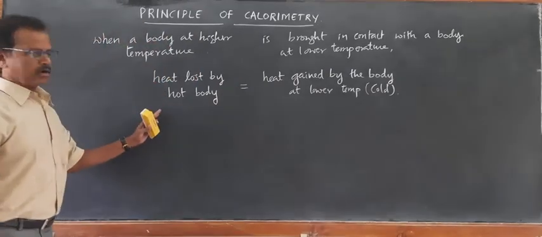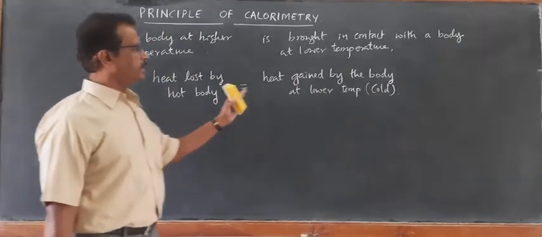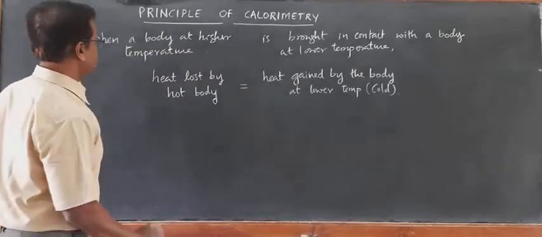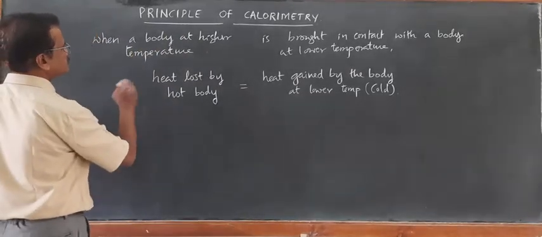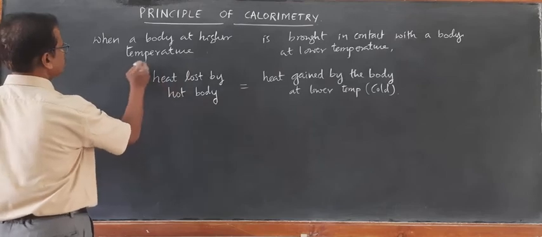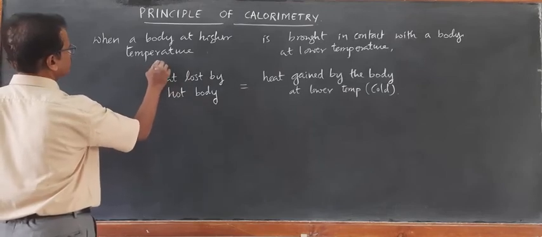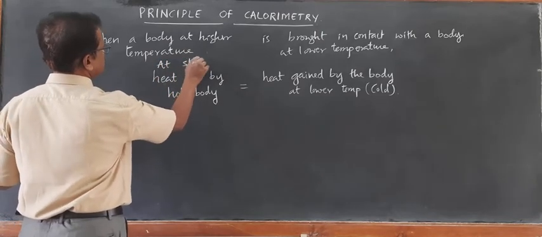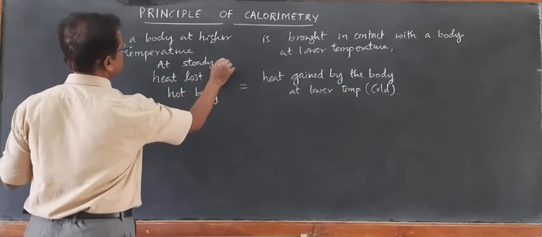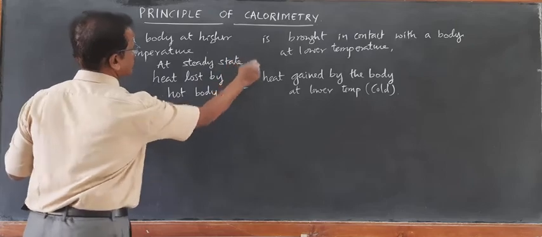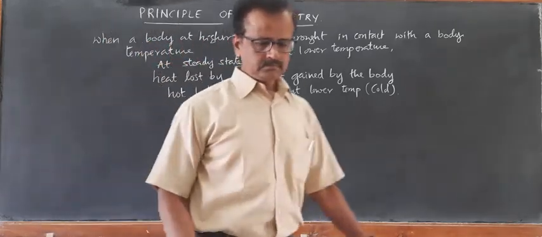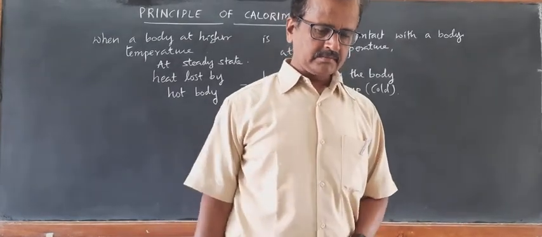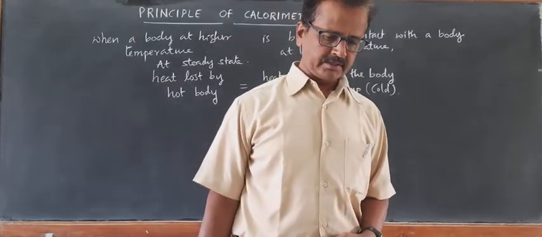So heat lost by the hotter body is equal to heat gained by the colder body. This is called the principle of calorimetry. It is stated at steady state, until both of them attain a common temperature.